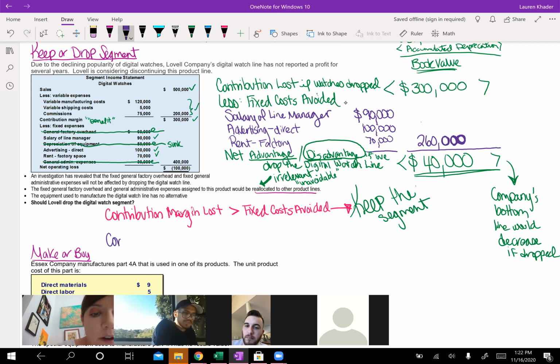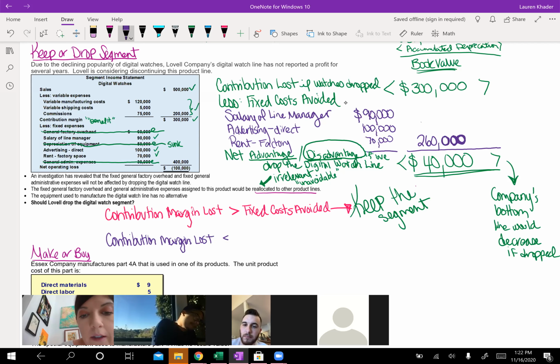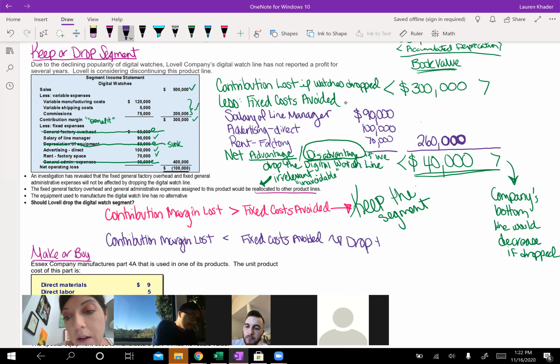If, however, the contribution margin lost is less than the fixed costs avoided, meaning that they're really not breaking even, they have more costs incurred than the benefits being earned from this, then you should drop the segment or consider dropping the segment.